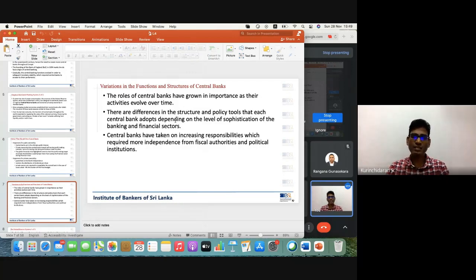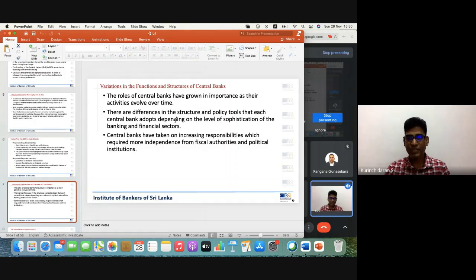Some central banks are fully independent from fiscal authorities, that means whoever makes fiscal policies, most of the time the government, so they are fully independent from political institutions. But in some countries the structure is different, and their tools may be different.